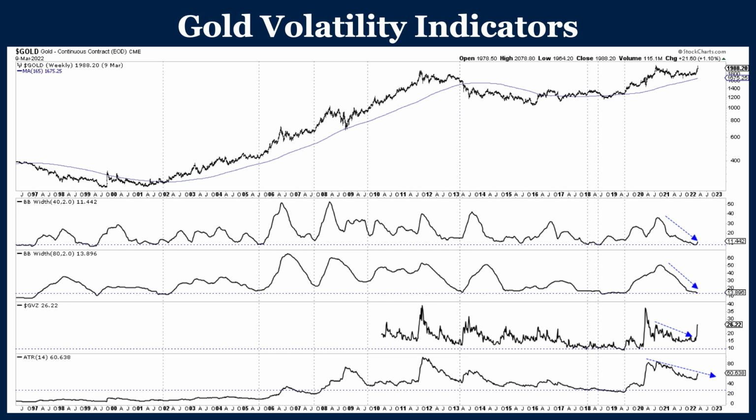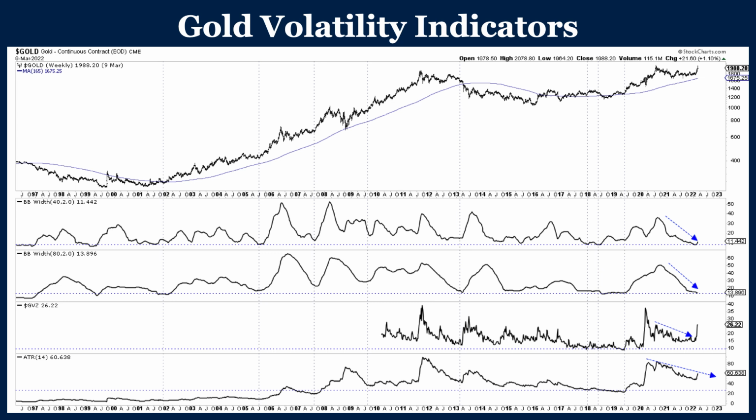The Bollinger Band width, the 40 weeks, 80 weeks, are at really low levels compared to the last 25 years. At least as of a few weeks ago, those are at some of the lowest levels over the last 25 years. So that is exactly the kind of volatility, or lack thereof, that we need to see that will precede a very big breakout move.